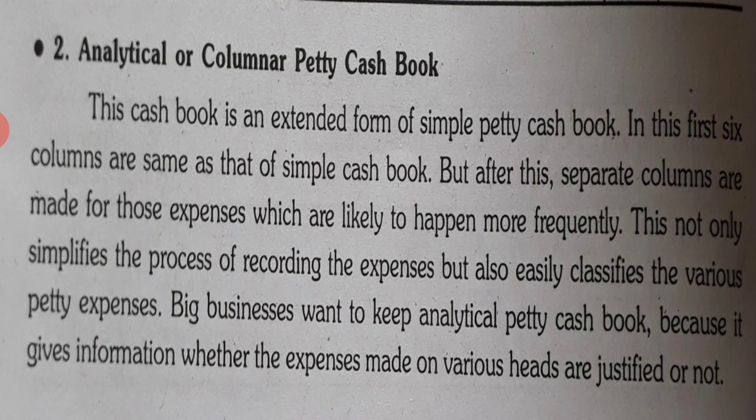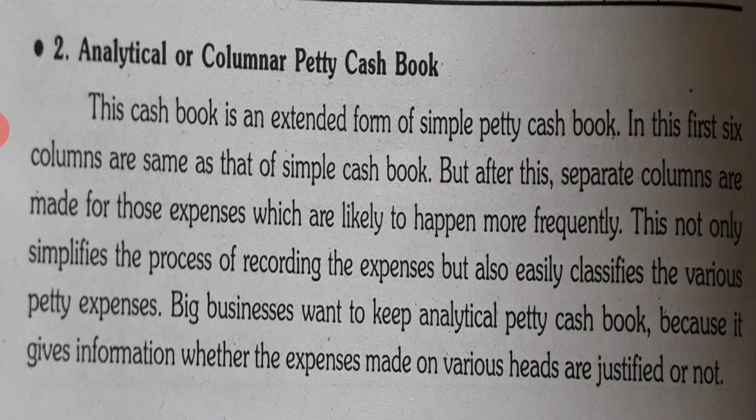So of the same nature, like same nature means stationery, refills can be kept under one head. Second column may be for telegram, postage and stamps. They are of the same type.